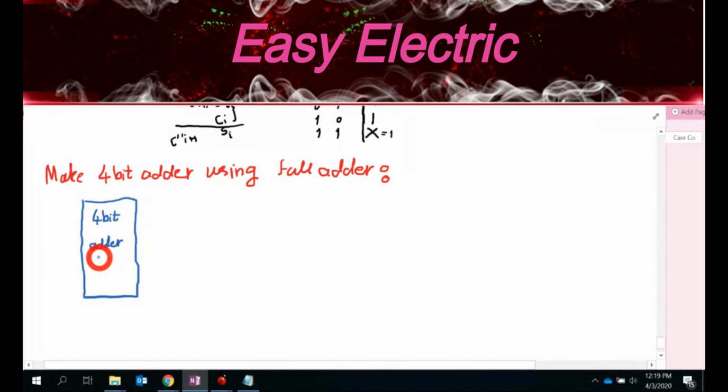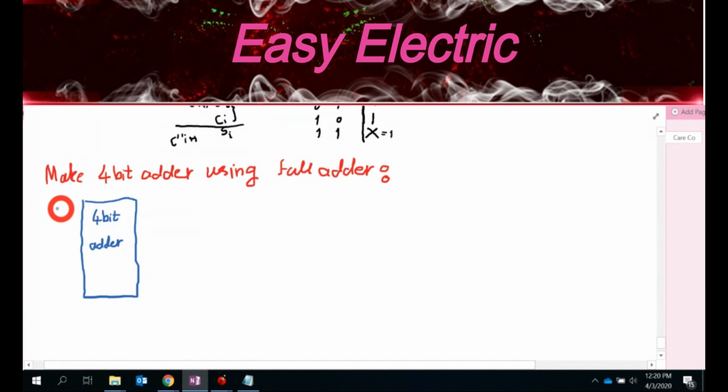Just type it in our chat box. How many inputs actually has the 4-bit adder? So the 4-bit adder means you are actually able to add 2 4-bit numbers plus carry in, just in case you have. Okay? So you use these IC in the lab. So how many inputs we have for 4-bit adder?